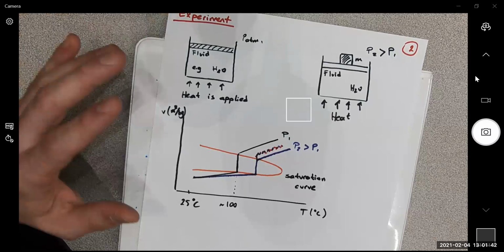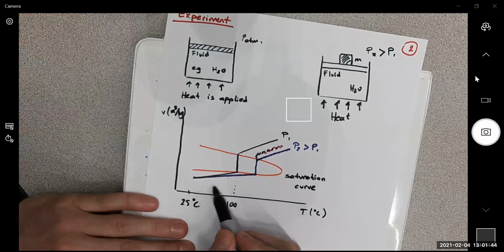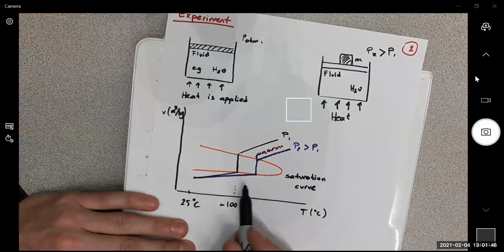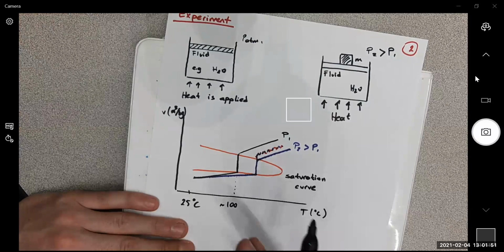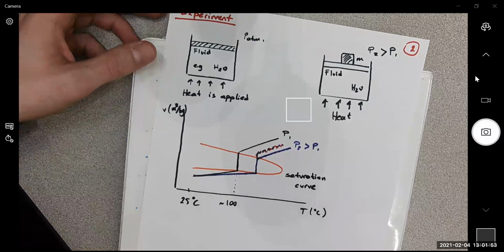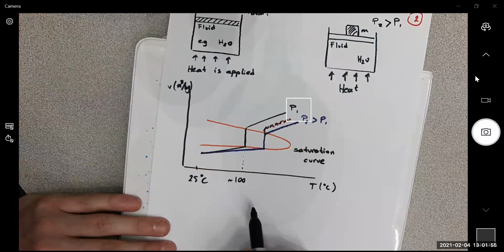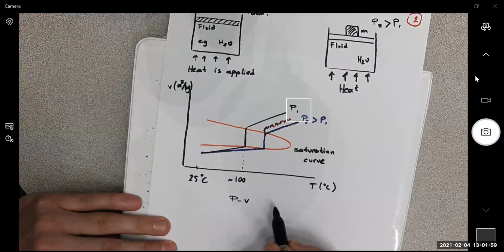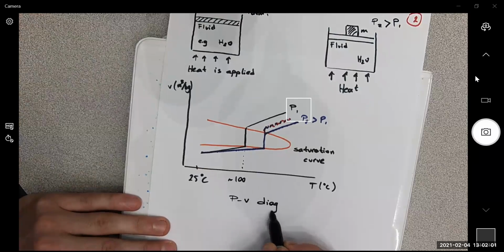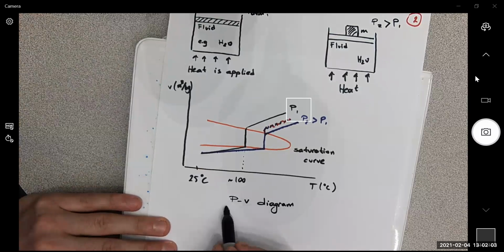Okay, let's talk in detail about what these regions are and what the saturation curve means on a PV and Ts diagram, or other diagrams. All right. Let's talk about the PV diagram first. PV diagram.